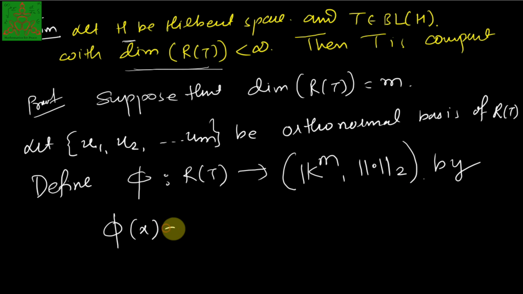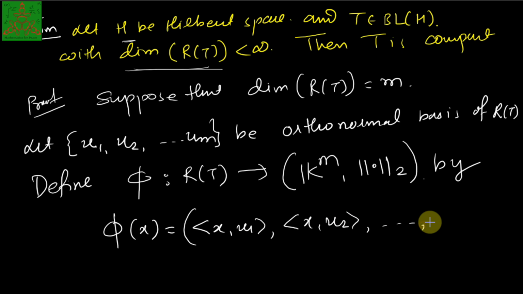Phi of x is equal to the inner product of x with u1, the inner product of x with u2, and so on up to the inner product of x with um.